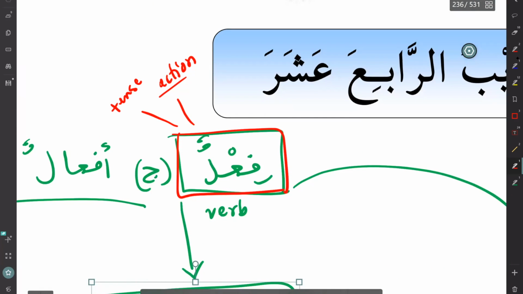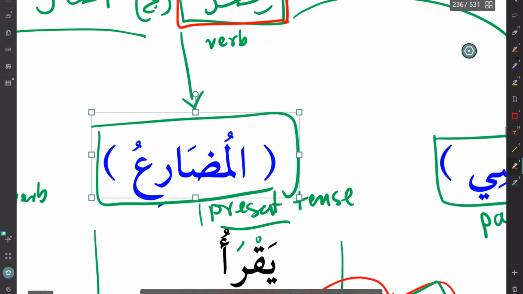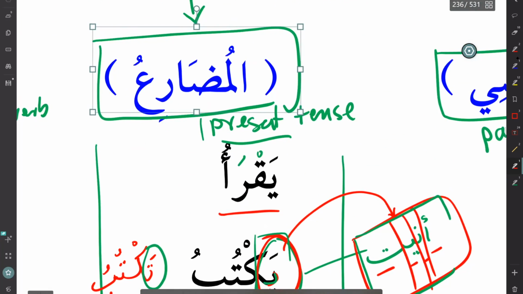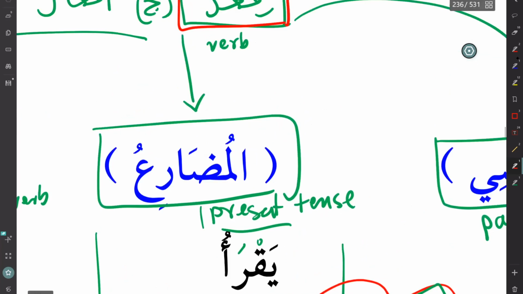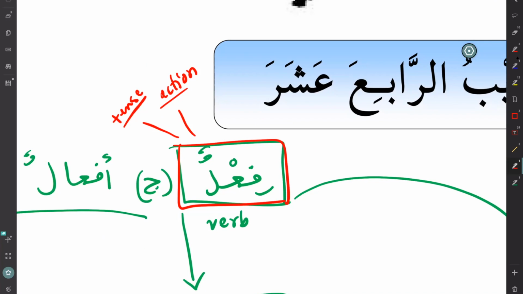The verb has to give you a time, whether it was in the past, present, or the future. So here, this yakra'u gives us the action of reading, and it also says that this action is happening in the present tense. And in Arabic language, the verb also gives you one more thing, which is the subject pronoun.